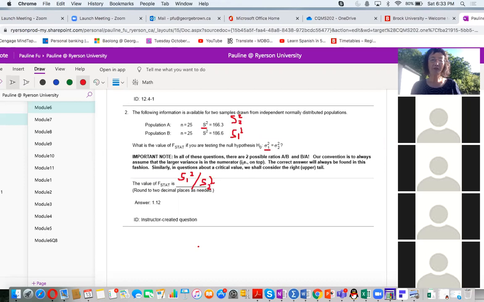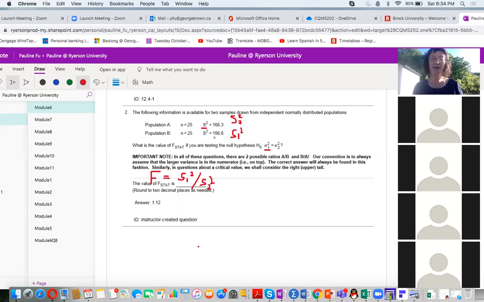So based on the formula, test statistic F equals sample 1 variance divided by sample 2 variance. So S1 square divided by S2 square. And now, which one is S1 square? Which one is S2 square? We have a rule, we have a convention.